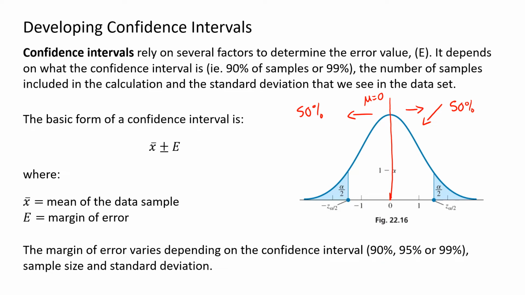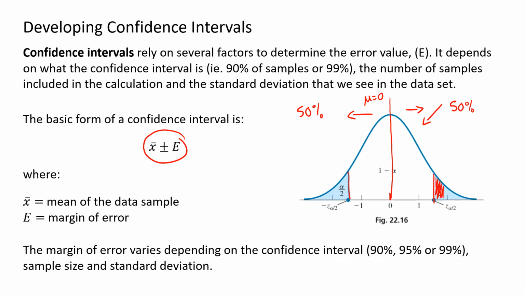So when we're finding a confidence interval, let's say we're finding 90%, what we're trying to determine is what actual values will be within 45% less and 45% more than the mean value, or 45% of values will fall within each side of it. Because remember, it's symmetric across the mean.